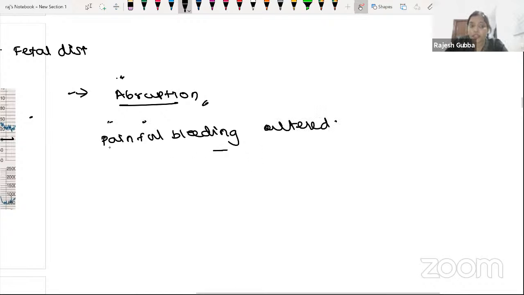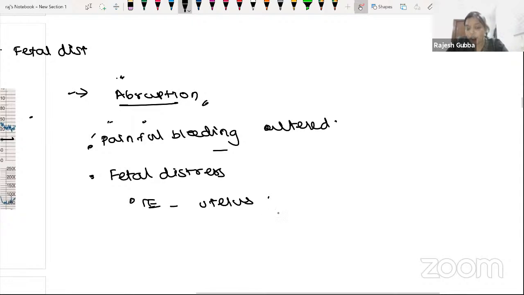As there is continuous uterine contraction, the blood flow to the fetus is compromised, so there is fetal distress too. And on examination, the uterus will be tender and hypertonic.